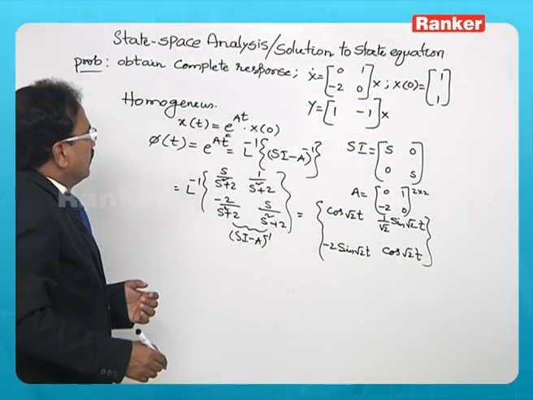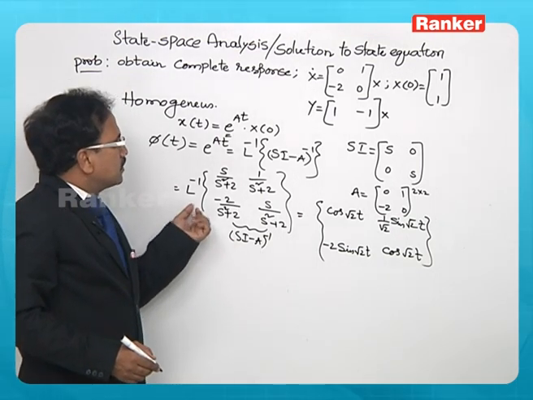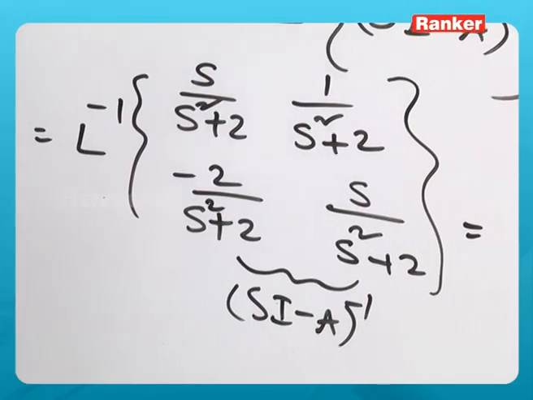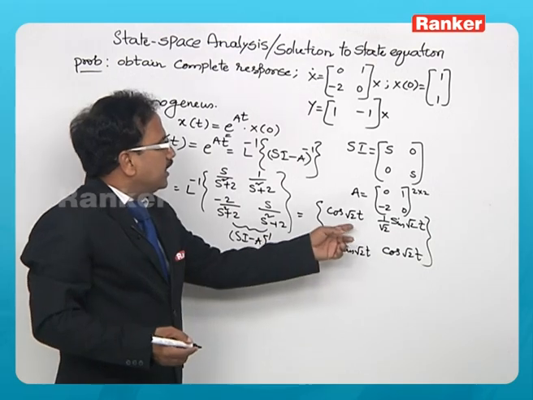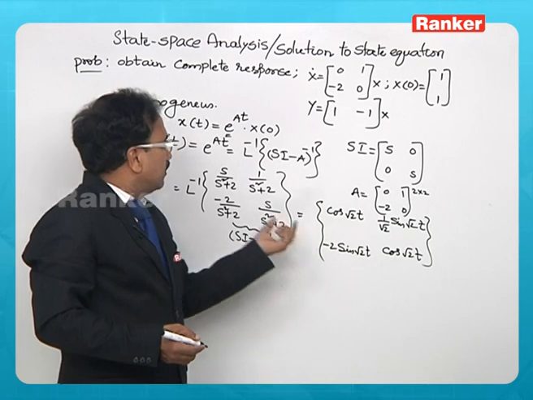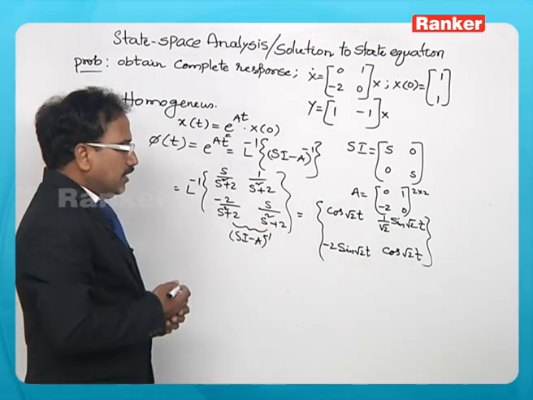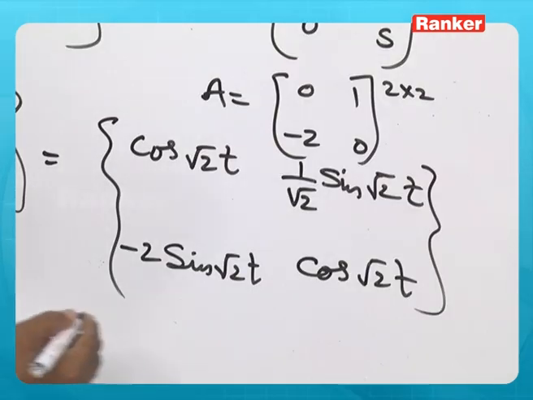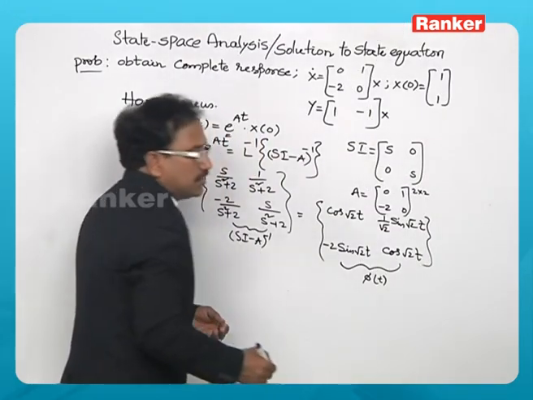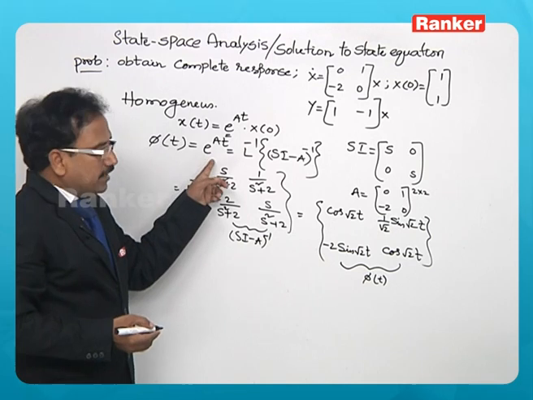So, after determining (sI minus A) inverse, you apply the Laplace inverse. It is like s by s square plus a square, whose Laplace inverse is cos a t. Here a square is 2, so you get cos root 2 t, and for the second term it is 1 by root 2 sin root 2 t. This is considered as phi of t because it is the state transition matrix. It is also nothing but e power A t.